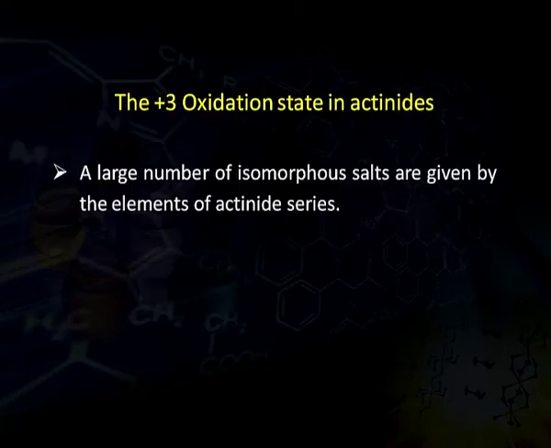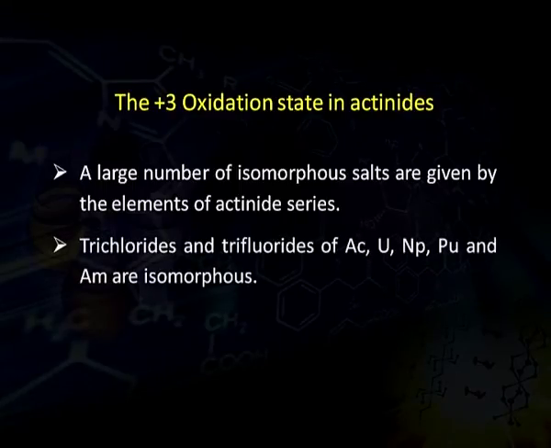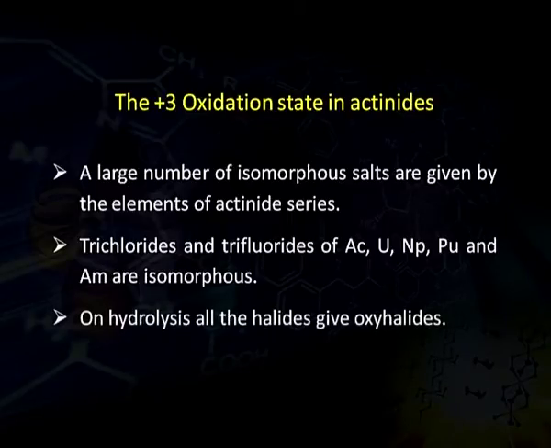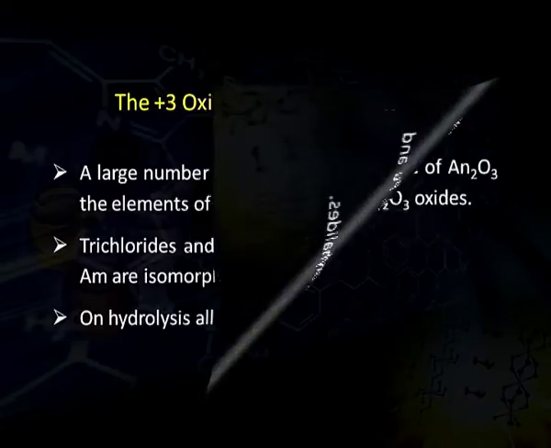Let us discuss the +3 oxidation state in actinides. A large number of isomorphous salts are given by the elements of the actinide series. The trichlorides and trifluorides of actinium, uranium, neptunium, plutonium and americium are isomorphous. On hydrolysis, all the halides give oxyhalides.